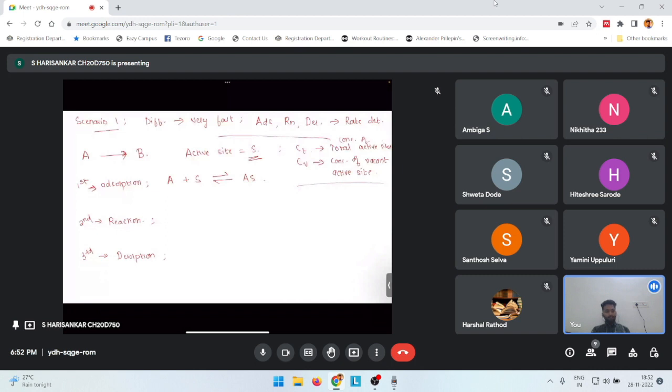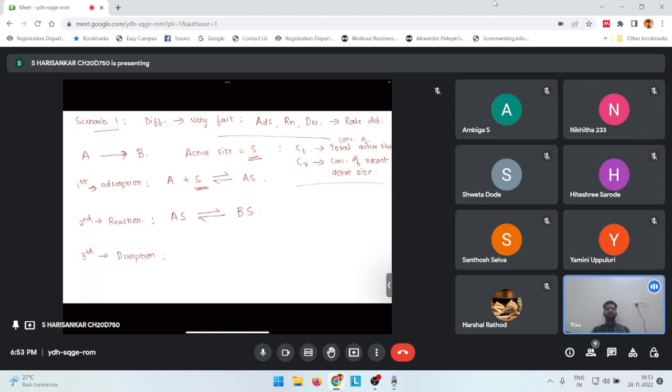Now the second step: your adsorbed reactant molecule AS will undergo reaction on the catalyst surface and will form the adsorbed product molecule BS. Again, just to remind you, S here is the active site. So A plus S reversibly giving AS is the adsorption step. Then AS reversibly giving BS is the reaction step.